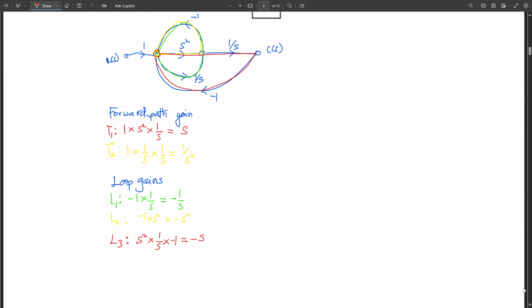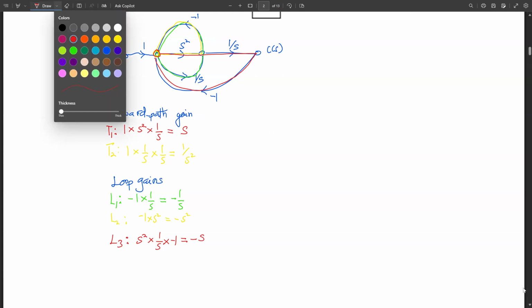The green loop shares a common node with the yellow loop, and the red loop shares a common node with the green loop and the yellow loop. So there are no non-touching loops taken two at a time or three at a time, right?